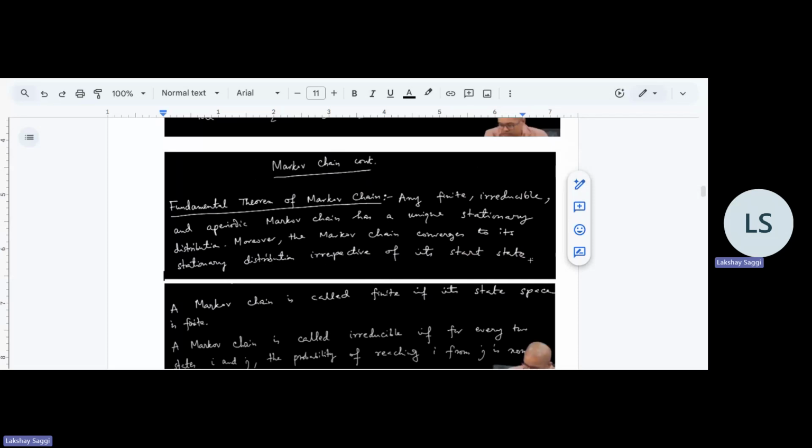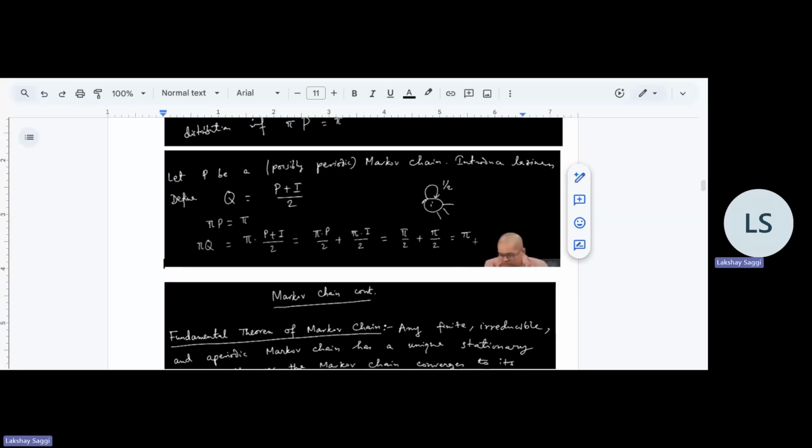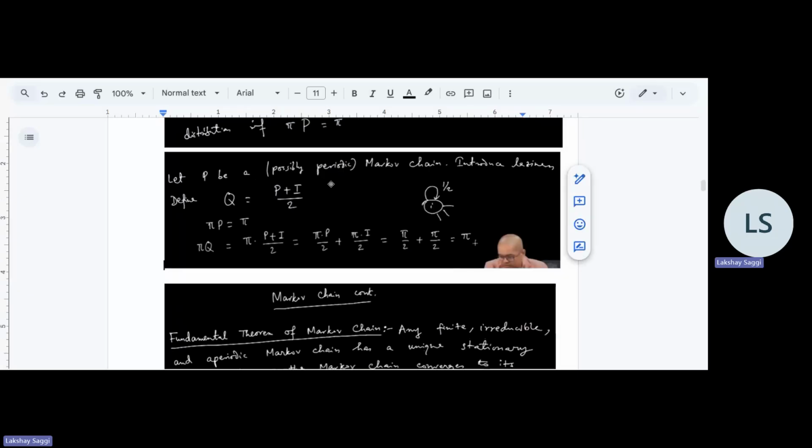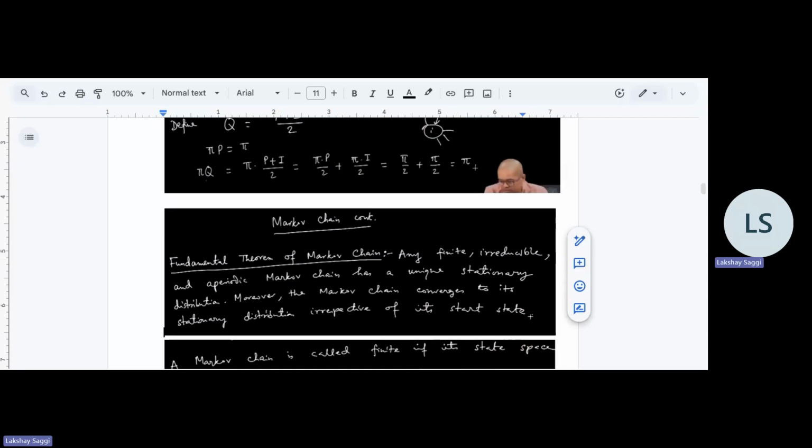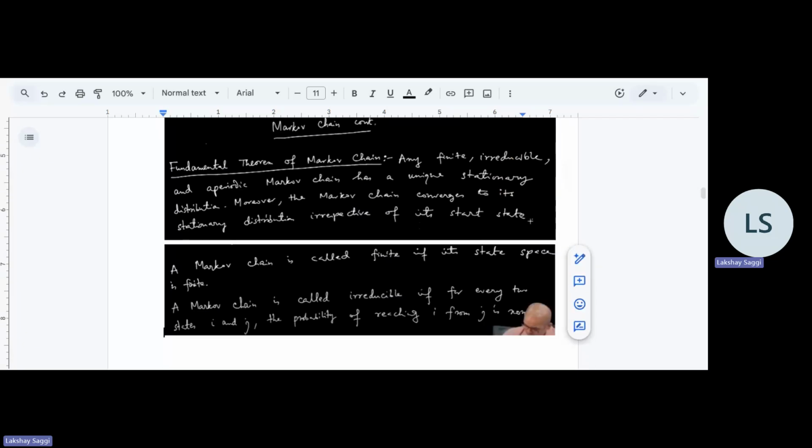Actually, if you add those self-loop transitions with probability half, like we did here, then we'll obtain another Markov chain. And for that Markov chain, you'll have a stationary distribution, and that's a neat thing to have.